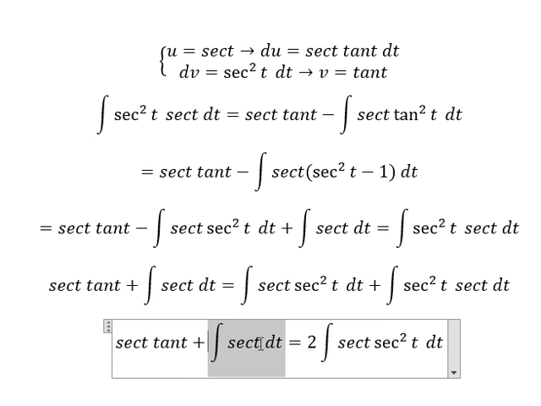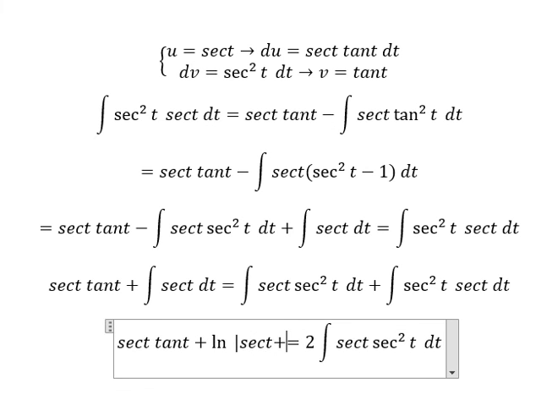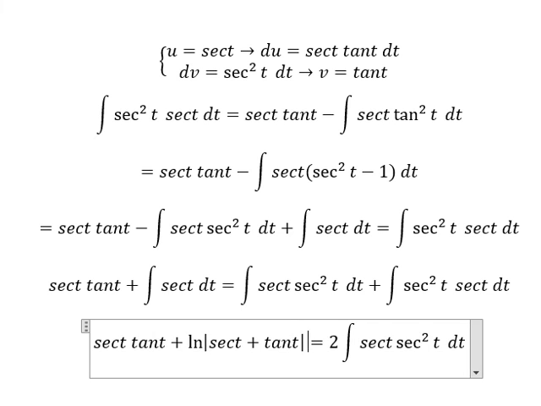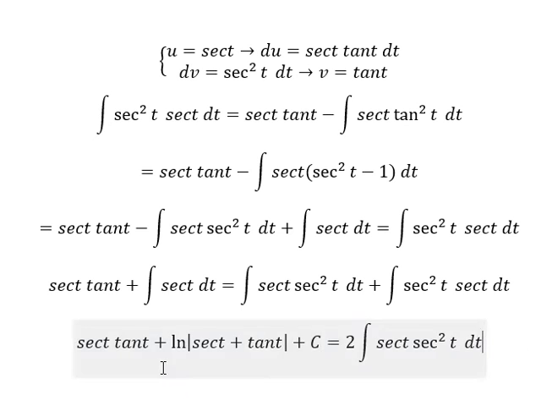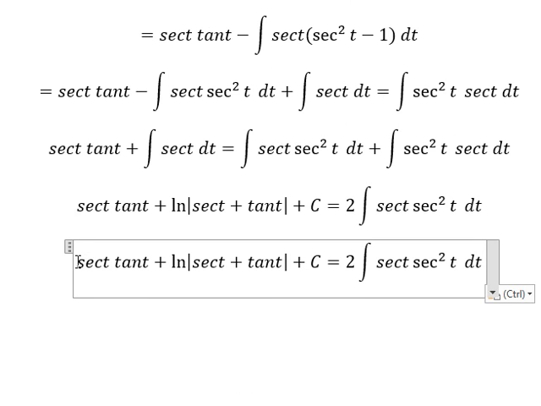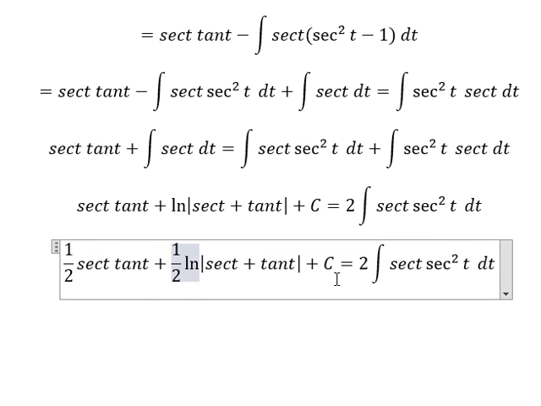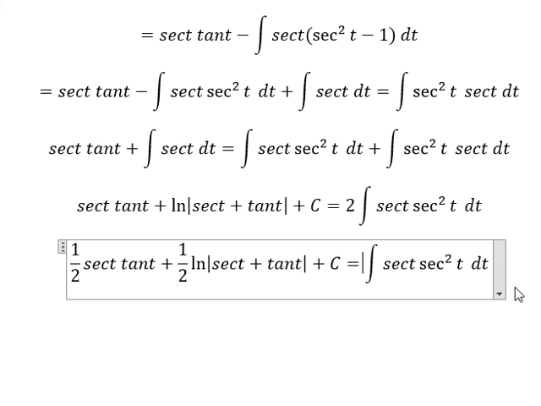The integration of this one, we have ln of the absolute value of secant of t plus tan t, and we put about c. So we divide both sides by number 2. Because c divided by 2, we still about the constant.